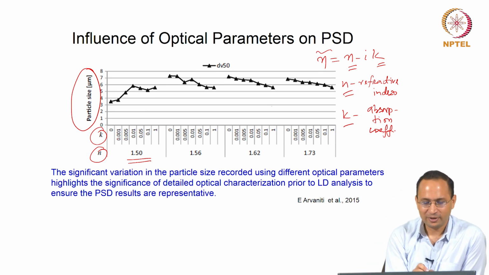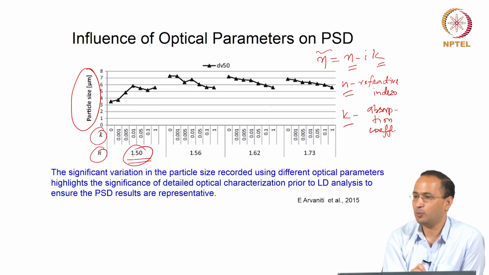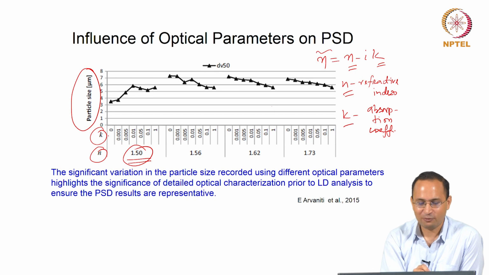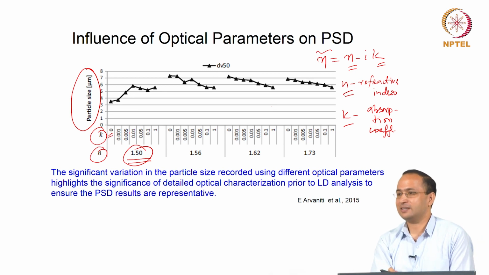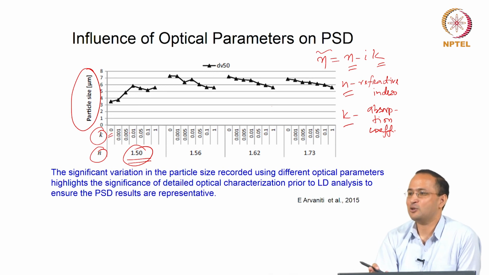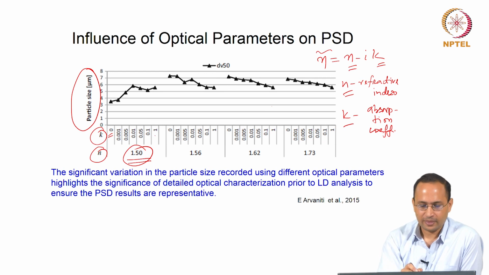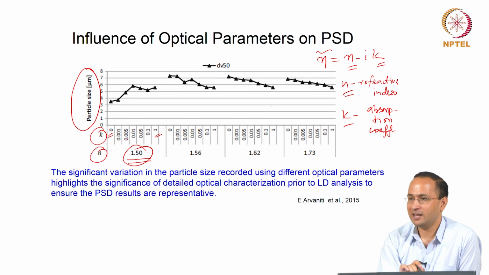Here it shows how it affects your values. In this case we keep N constant, N is 1.5. Now if you change K from 0, K 0 means no absorption, right? As you increase K, that means you are increasing the absorption.